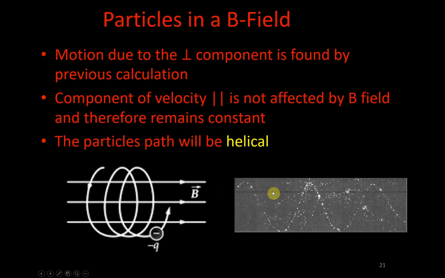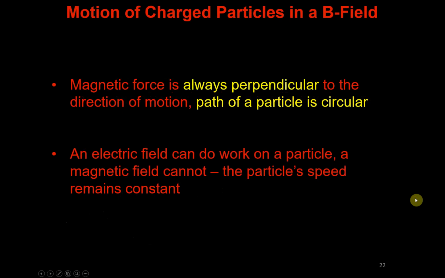This was actually a particle traveling three-dimensionally through this plane. So the magnetic force is always 90 degrees to the direction of the motion. And that means the path of your particle is circular. But if it continues to move forward, it'll spiral in a helix.